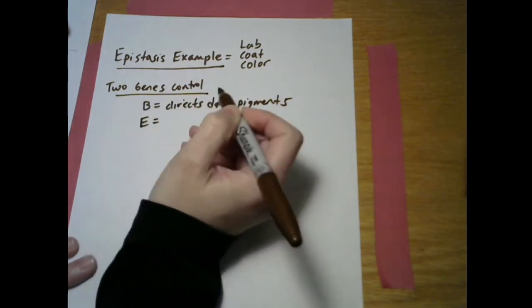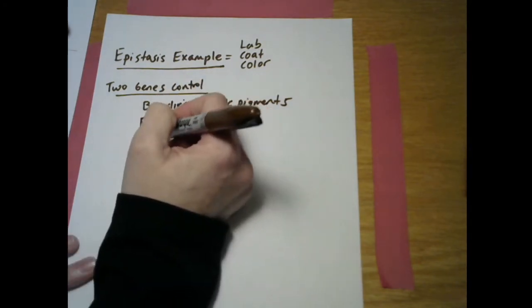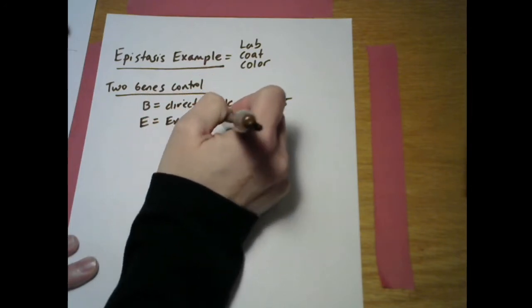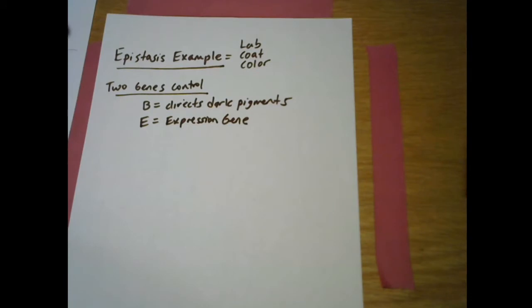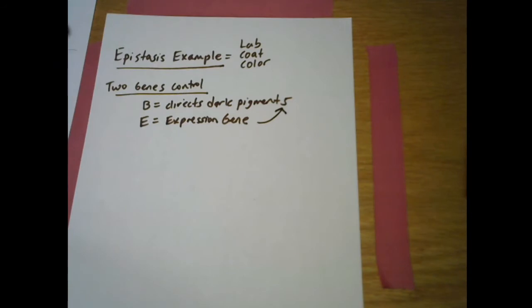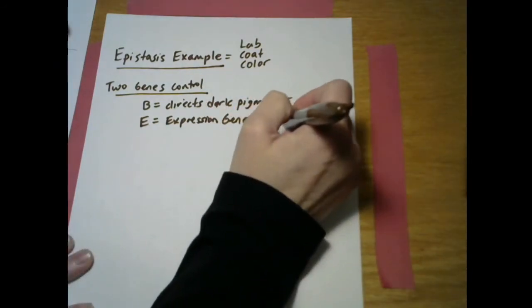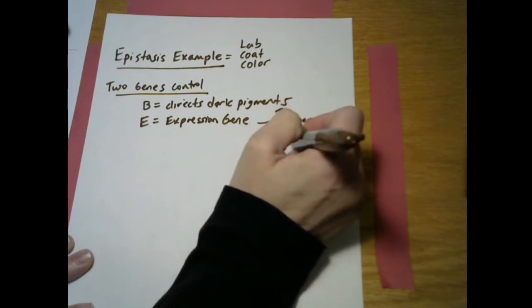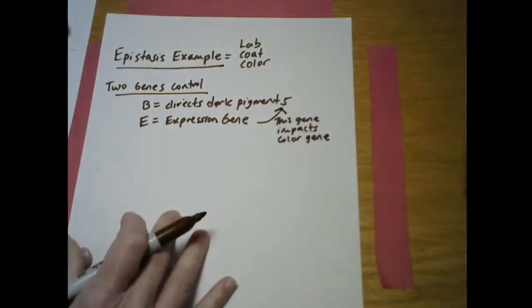Then we also have an expressor gene or an expression gene that's often labeled letter E. My understanding is that the expression gene is a way to pull the pigment along the hair shaft so that it is pulled out from the skin all the way down the shaft of hair. So the expression gene is going to influence the impact of this other gene. So I'm going to say over here, this gene impacts the color gene, the one that is above.